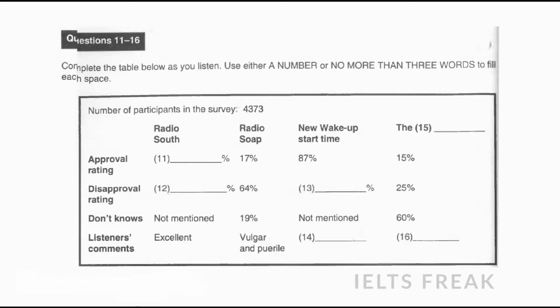It had a 15% approval rating and 25% who did not like it and 60% don't knows. Sadly, the main comment was that the program is downright boring. Maybe wine's going out of fashion. The full survey will be published next month and it is free on request. And now to our weekly letter slot.